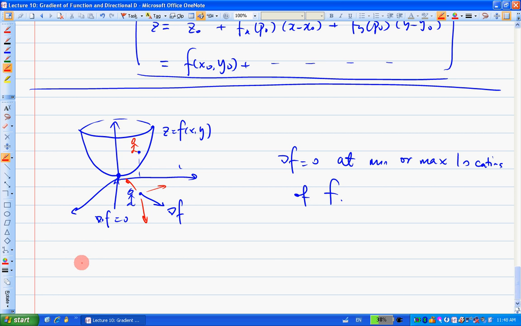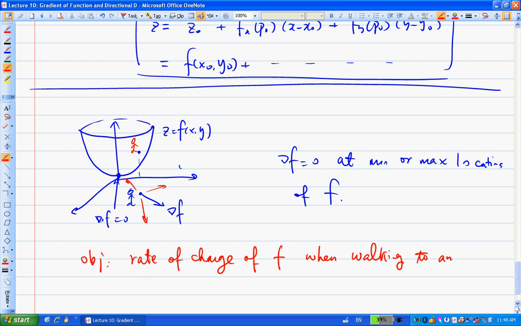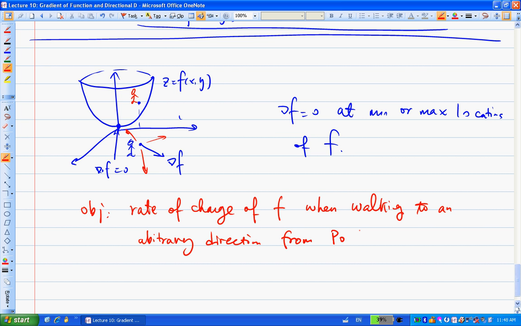So essentially, what we're looking for is: what is the rate of change of f when walking in an arbitrary direction from, let's say, a point P naught here?